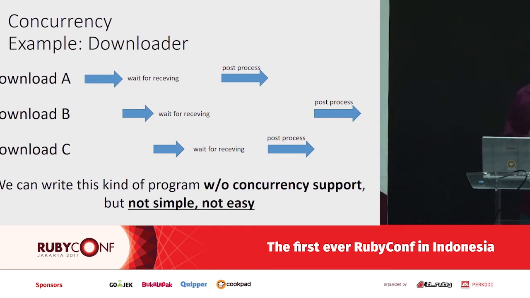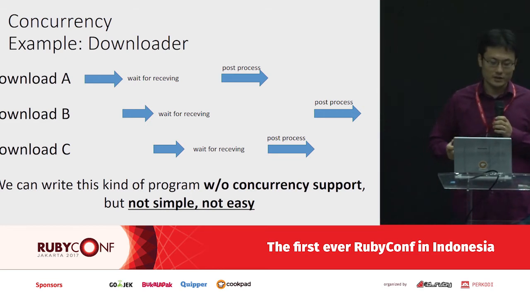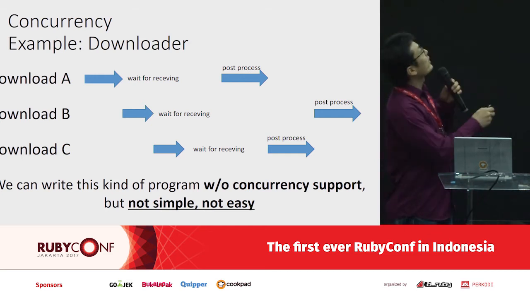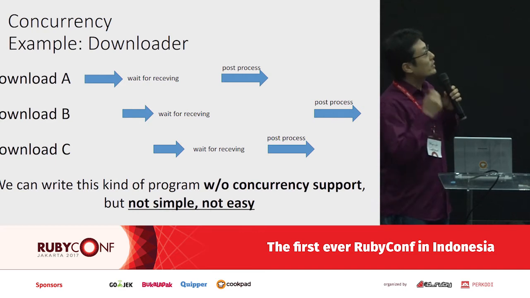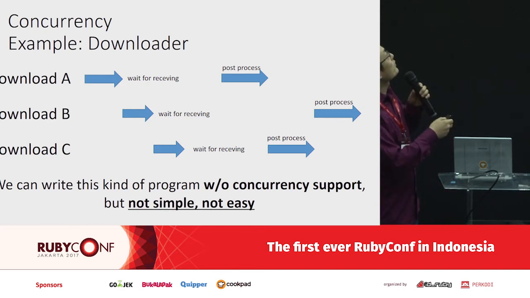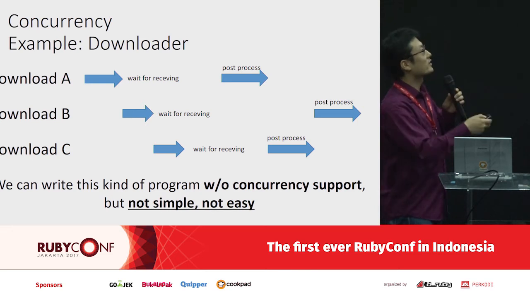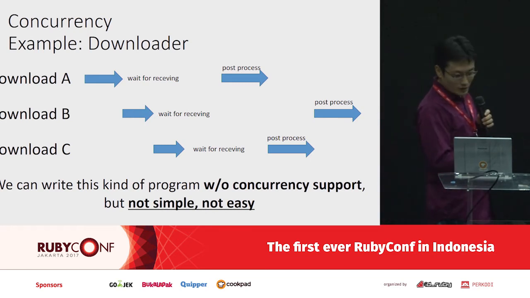For example, please consider a downloader from the internet that downloads files A, B, and C. With concurrent support, we can make a download program that waits for receiving, changes to another concurrent task, waits for receiving, and so on for file C. When file A is received, we can do some post processing, and so on.